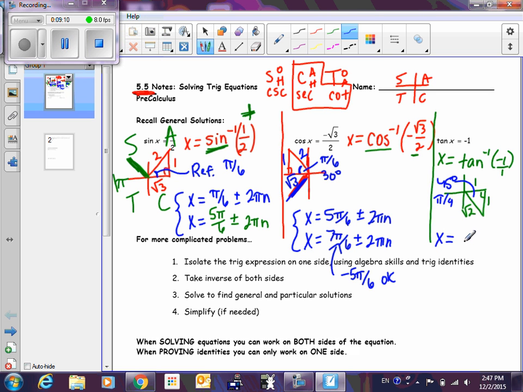So how should I write that? Negative pi over 4 would be the easiest way to do it. I feel like I heard somebody say 7 pi over 4, which is okay. And with tangent, we only have 1, but what is it plus minus? Not 2 pi n, pi n. But that's it. That's your only one.